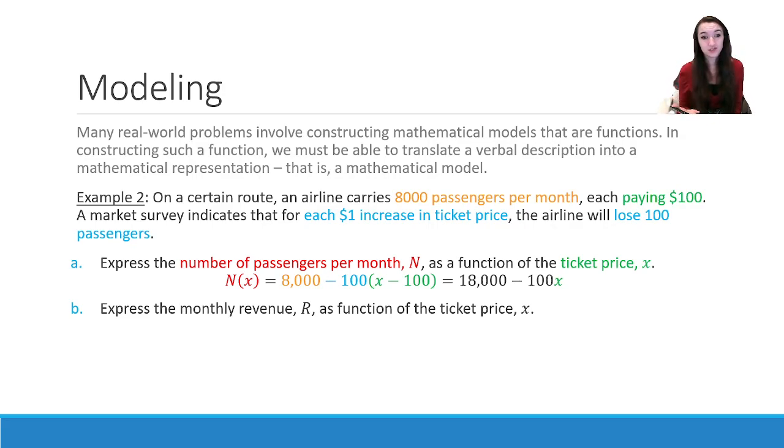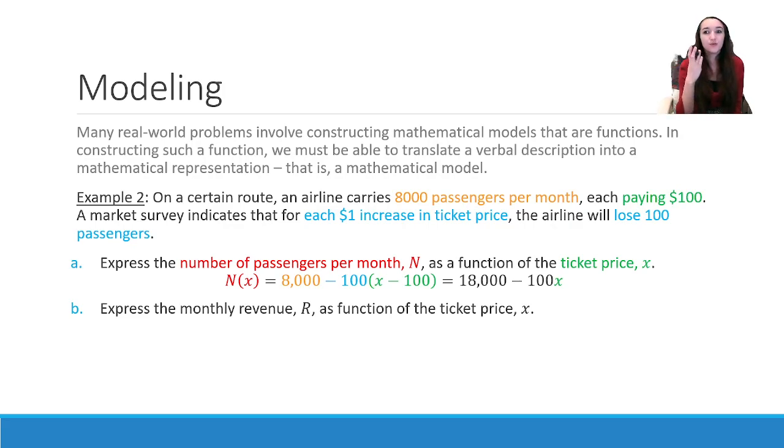So the next question is, express the monthly revenue R as a function of that same ticket price x. So revenue is all about how much money I'm taking in. How much money I'm taking in is going to be based off of that ticket price, but it's also going to be based off of the number of passengers. So every passenger pays that ticket price, right?